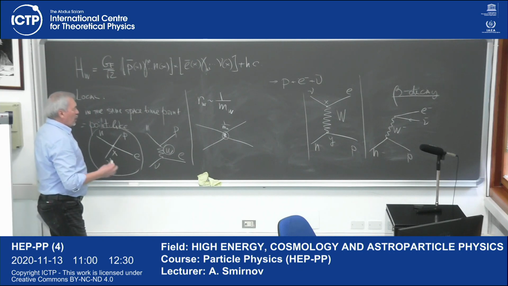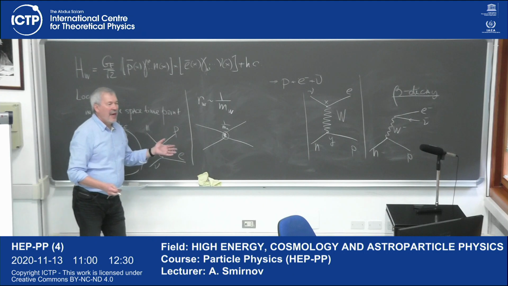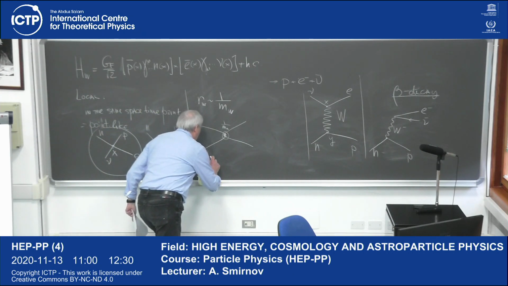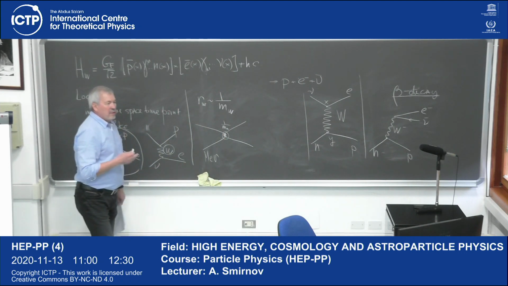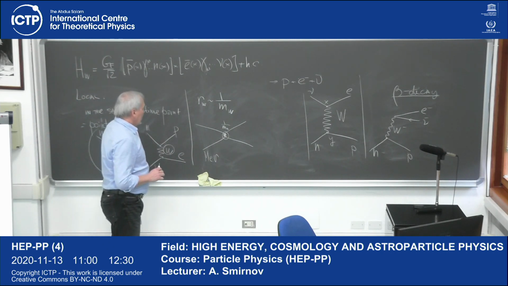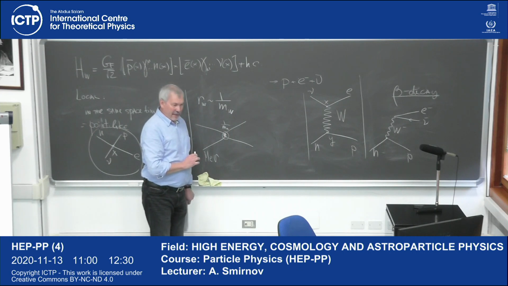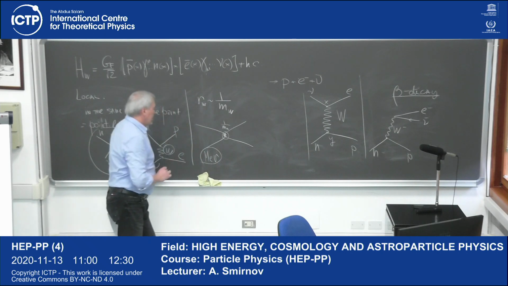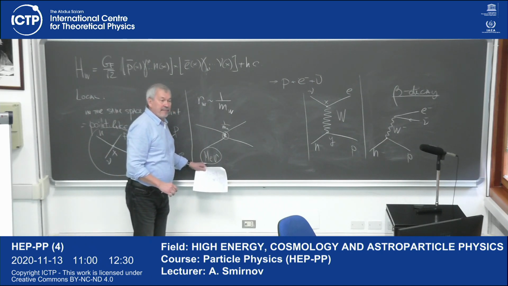Now, if you have low energies, and in beta decay we deal with energies in the MeV scale, and we will see later that the mass of the W boson is in the GeV scale, many orders of magnitude bigger, then this interaction looks point-like. With these external particles, the de Broglie waves are quite big.